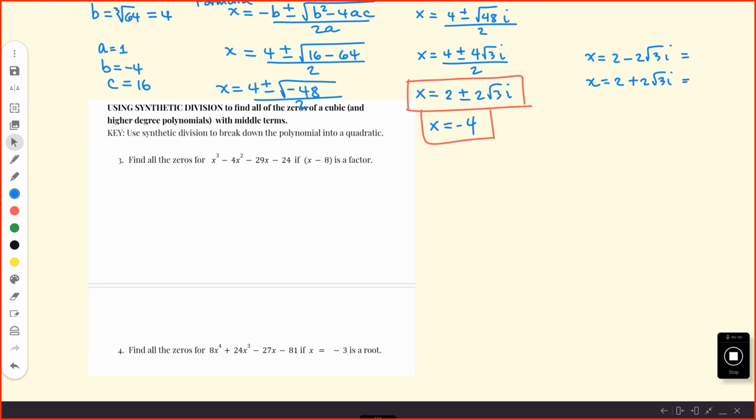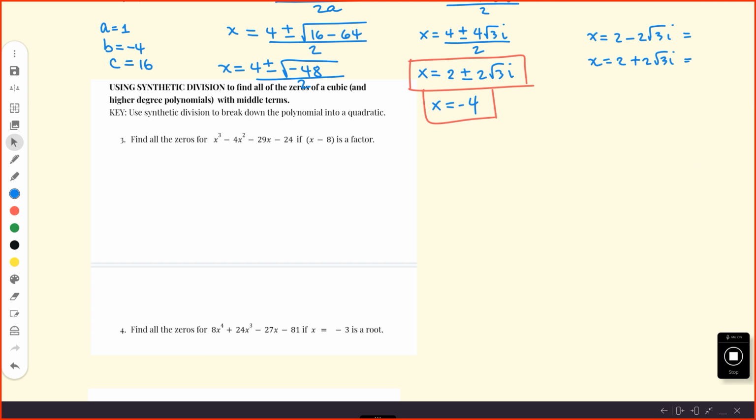Again here, we're going to use synthetic division to find all the zeros of cubic and higher degree polynomials with middle terms. Because in our first example, it's a sum and difference of two cubes, so we don't have a middle term. But what if there is a middle term? If one of the factors is x minus 8, then we know that x equals 8.